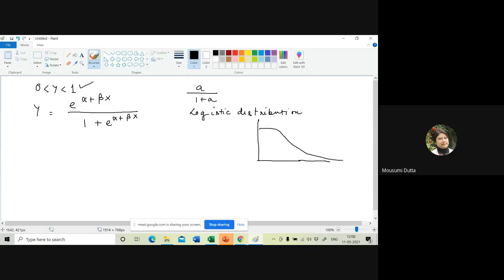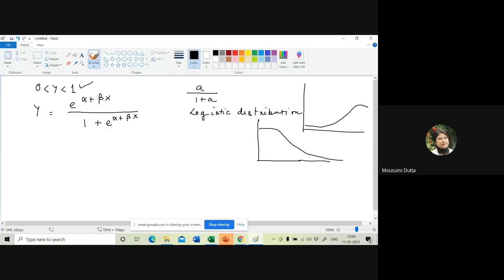We also present it in this format too. So this is the format.